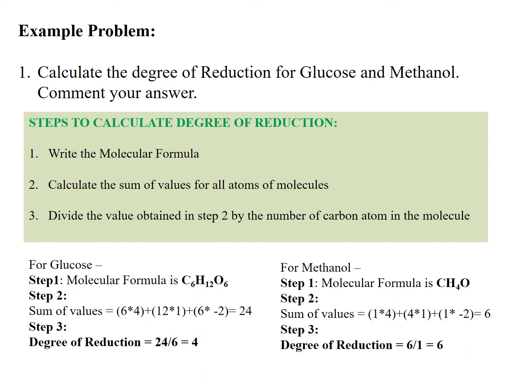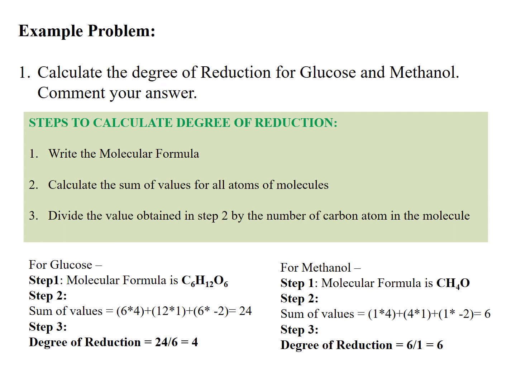And for oxygen it is 1, so we multiply 1 by the valency of oxygen, minus 2. Therefore the sum of values will be 6. To find the degree of reduction we divide the sum of values by the gram atom of carbon, which is 1 in the case of methanol. Therefore the degree of reduction will be 6.